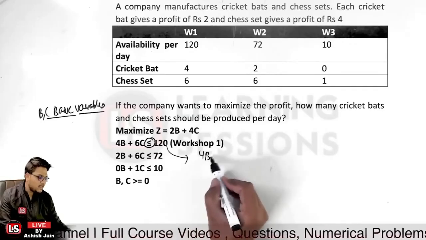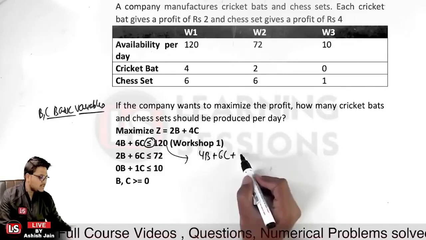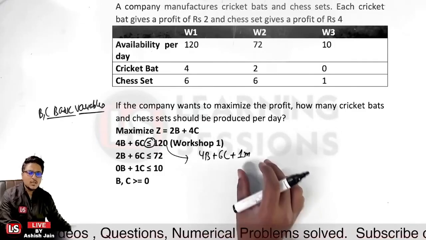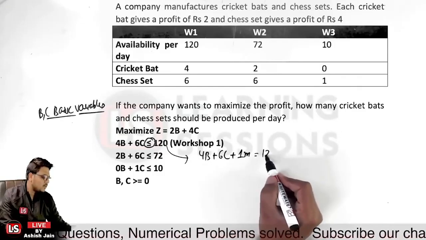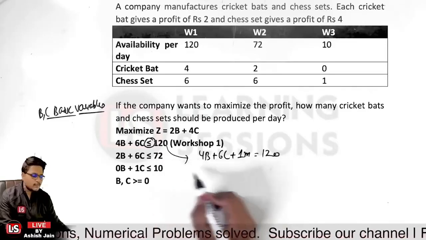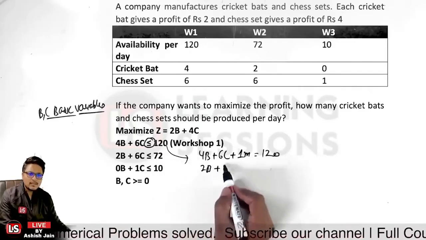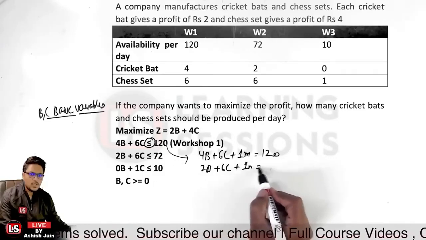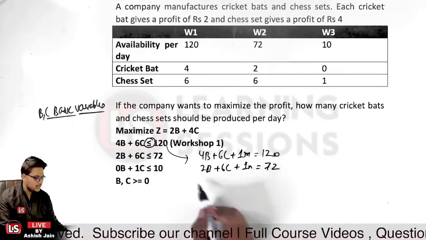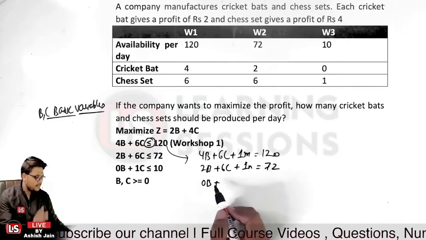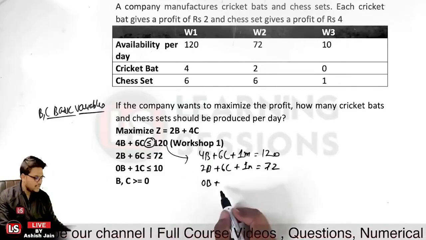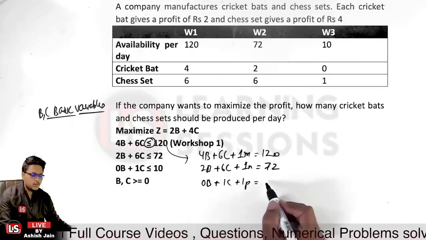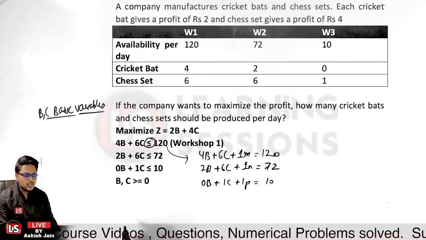So it will be 4b plus 6c plus 1m, and we don't know the value of this variable, so we'll be adding 1m is equal to 120. For the second one it will be 2b plus 6c plus 1n is equal to 72. And for the third one it is 0b plus 1c plus 1p is equal to 10. So that is related to these 3 equations.